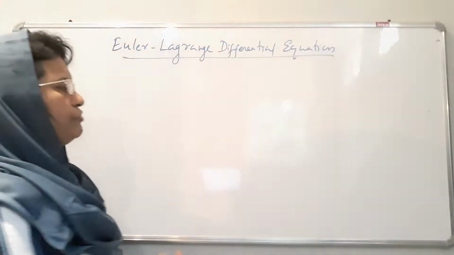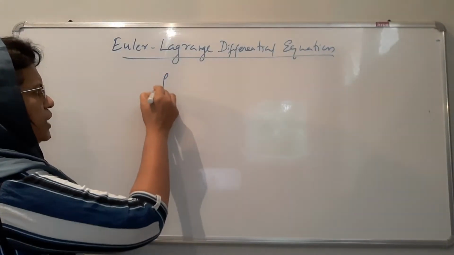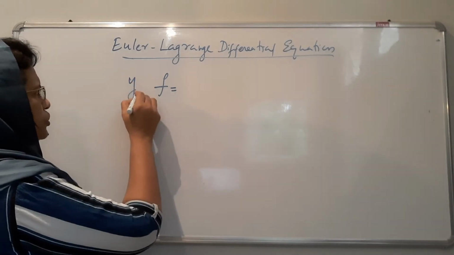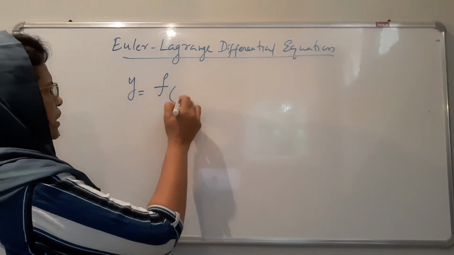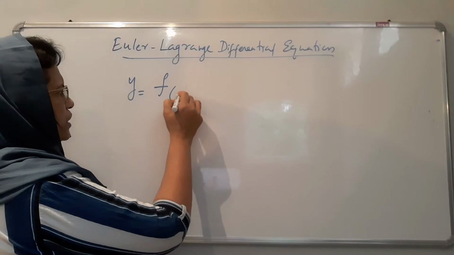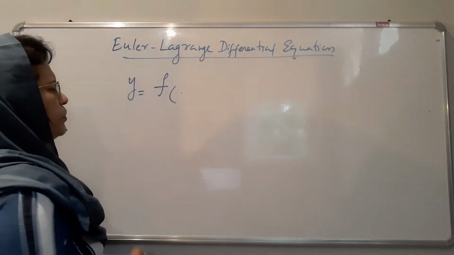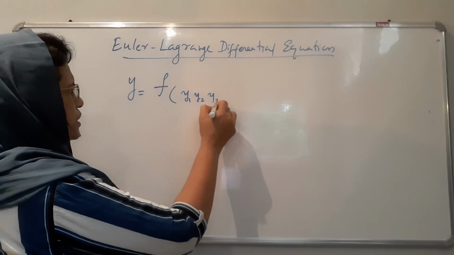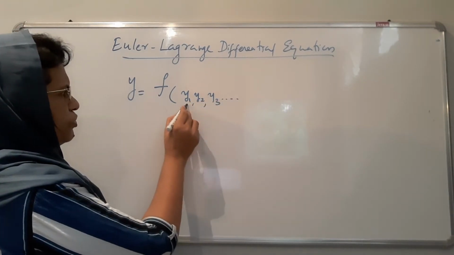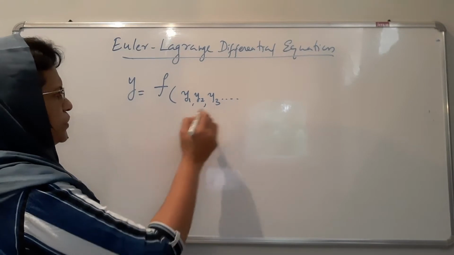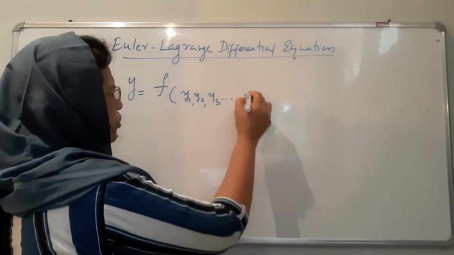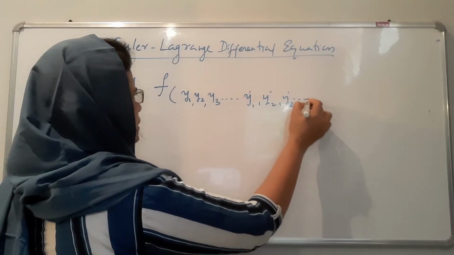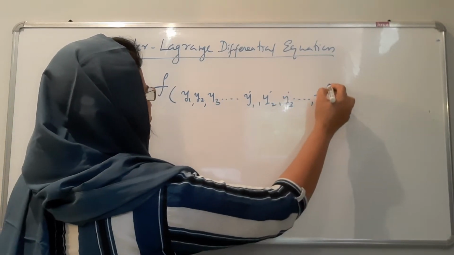This equation is applicable for a function. As in the previous case, a function of y, there are so many variables there, that is y1, y2, y3, etc. That is y1 of x, y2 of x, y3 of x, etc. Similarly, y1 dot, y2 dot, y3 dot, etc., comma x.